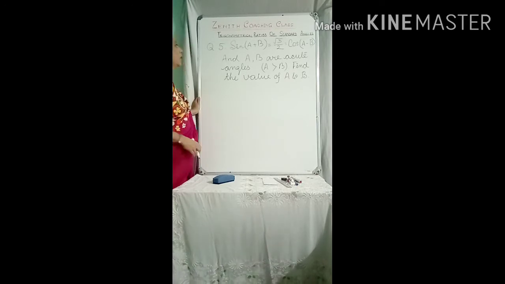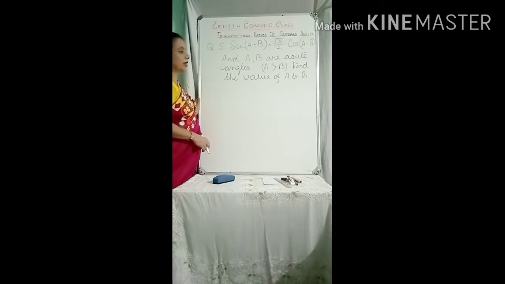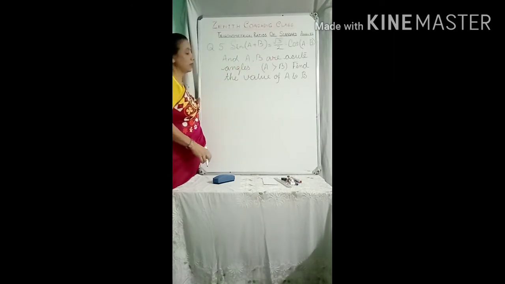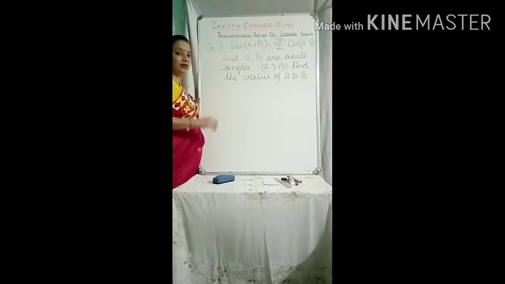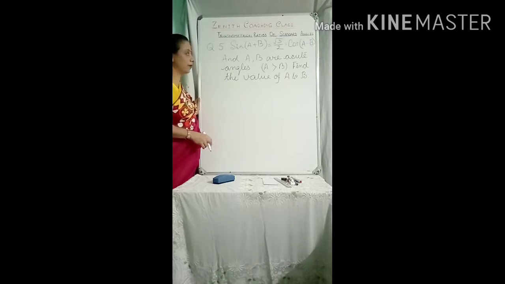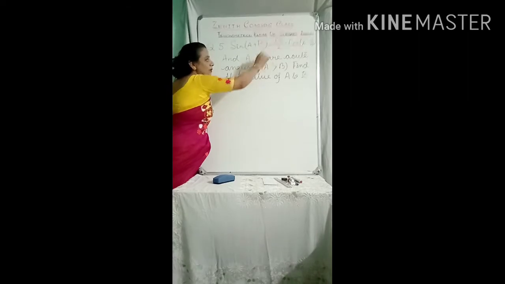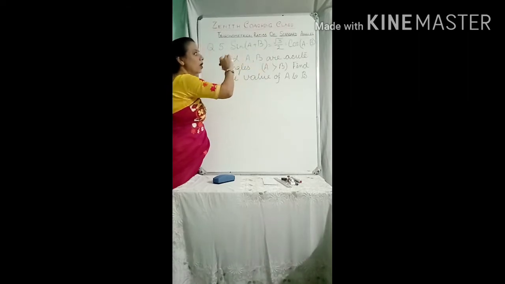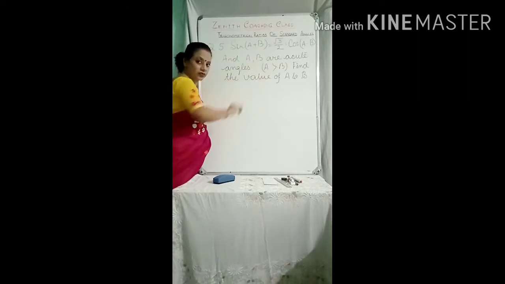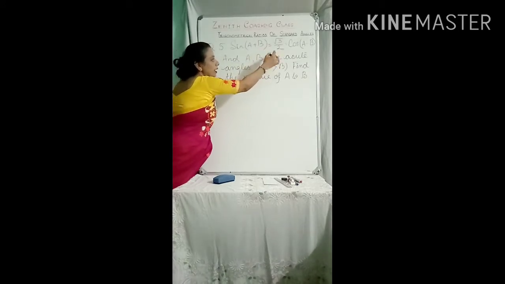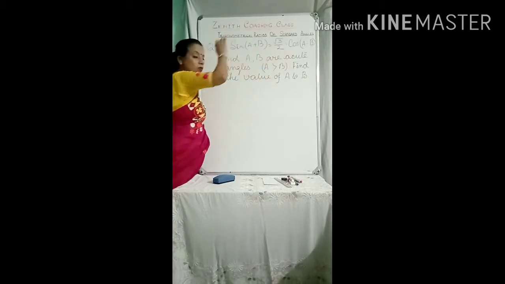Okay. So next sum: sin(A plus B) equals root 3 by 2, and that equals cos(A minus B). So in one line there are two equations. Sin(A plus B) equals root 3 by 2, again cos(A minus B) equals root 3 by 2.